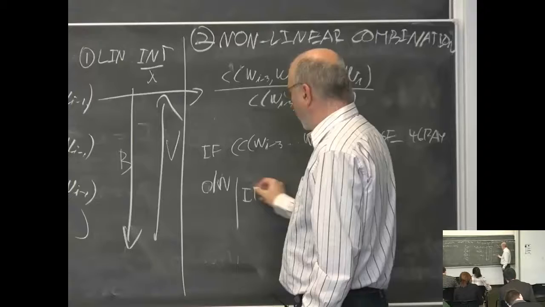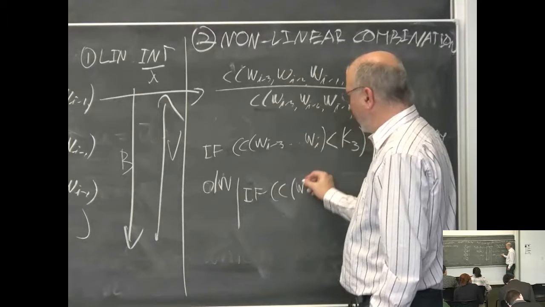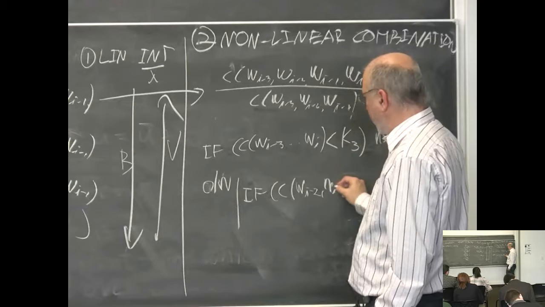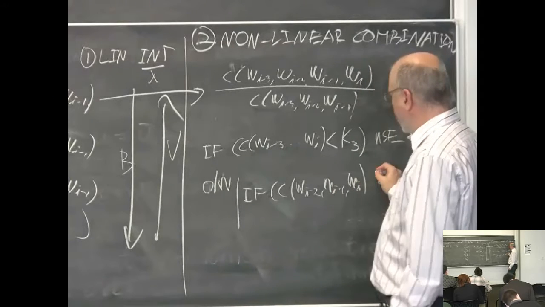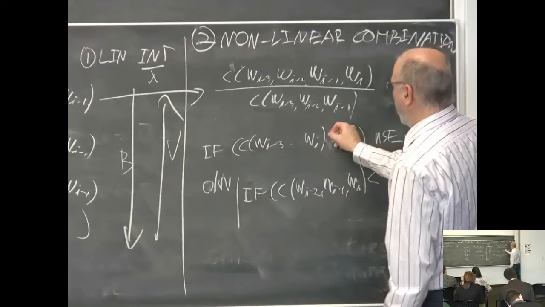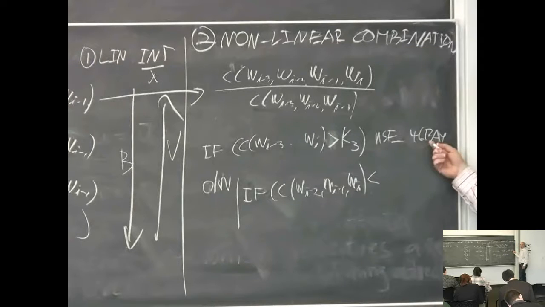Otherwise, if the count of w_{i-2}, w_{i-1}, w_i is less than, I'm sorry, this should be greater than, right? You should have corrected me. If it's greater than some constant, then I'm going to use the 4-gram.